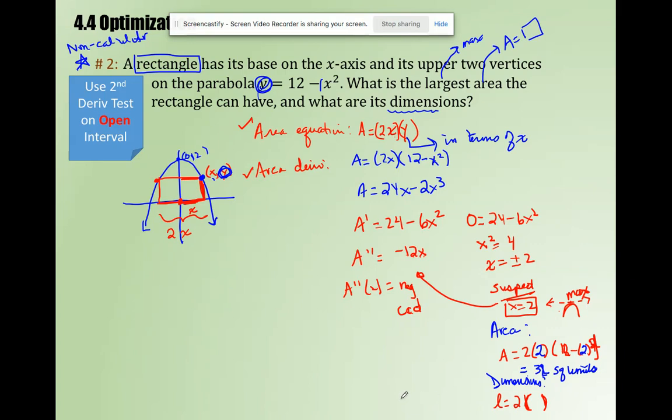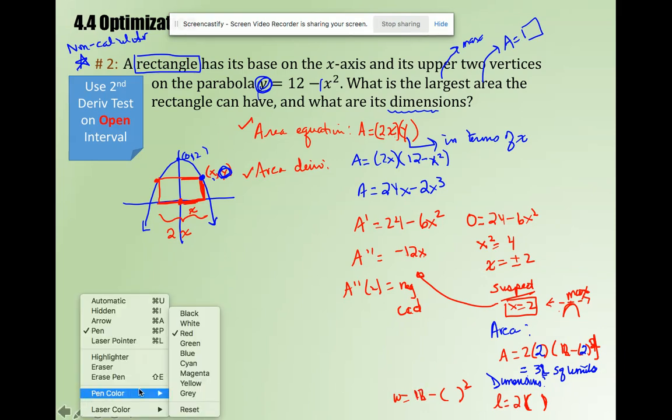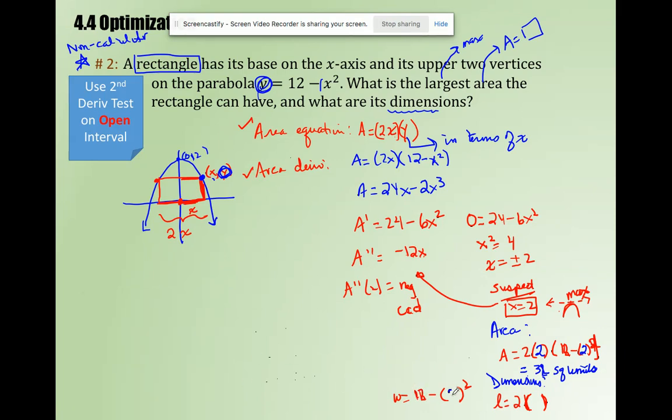And the width is 12 minus x squared. So I get 4 and I get 8 linear units.